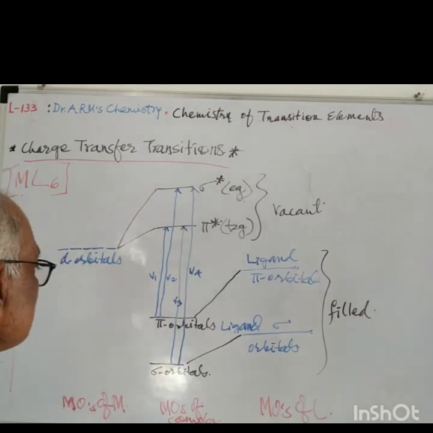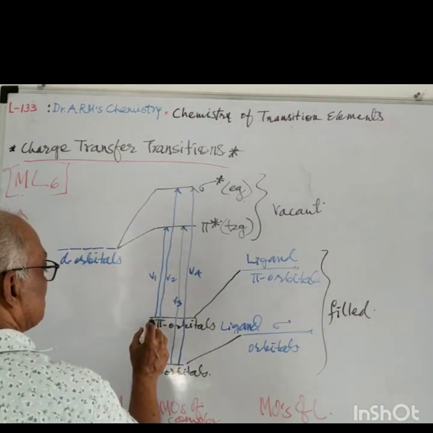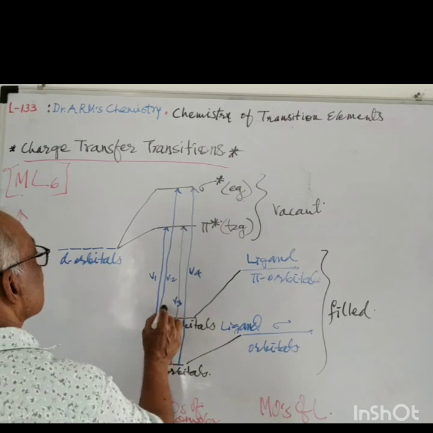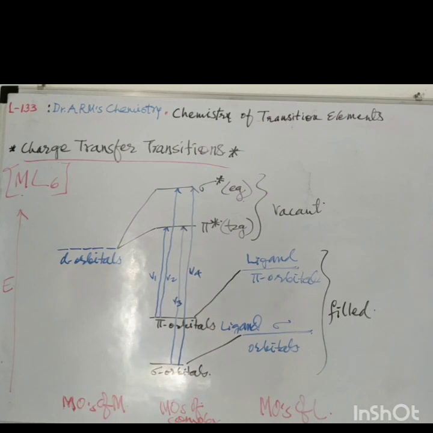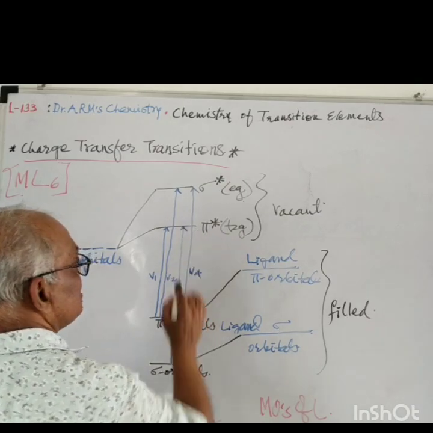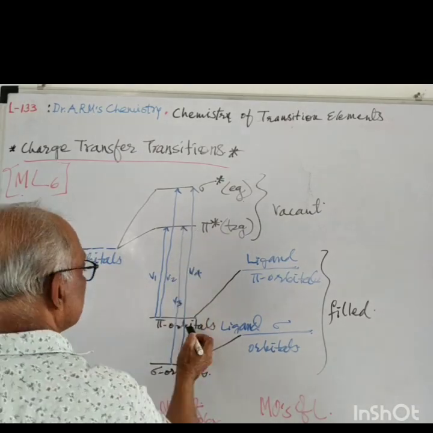So in the electron transitions, the electrons present in the pi orbitals are excited to this pi star, which is mainly composed of the T2g orbitals, which are of pi nature, and these are empty, there is no electron.